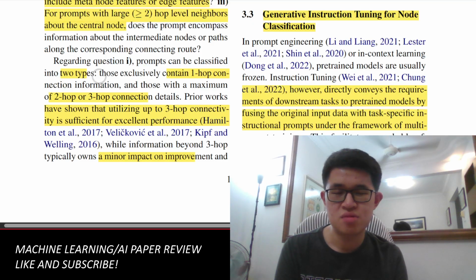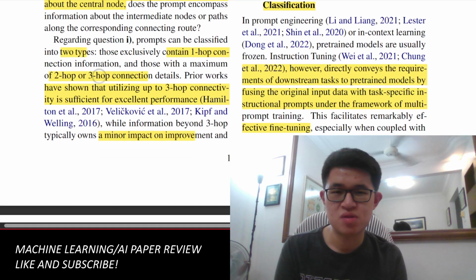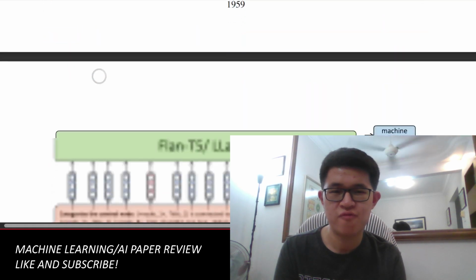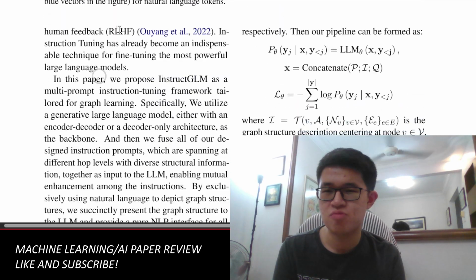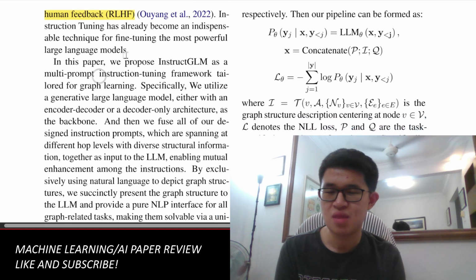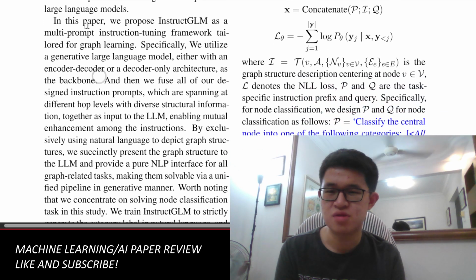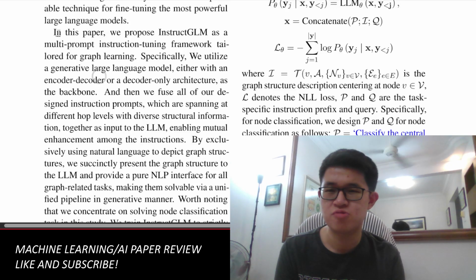This can be effective, especially with supervised fine-tuning, and you couple it with reinforcement learning from human feedback, obviously.